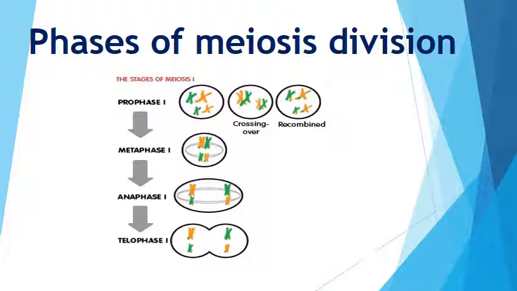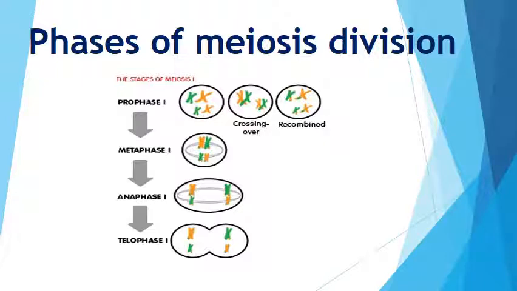Yes, gamete is a cell that contains haploid number of chromosomes. Can you give me an example of gamete? Yes, like a sperm in male and ova in female. Okay, so the importance of meiosis division is formation of gamete. Thank you.